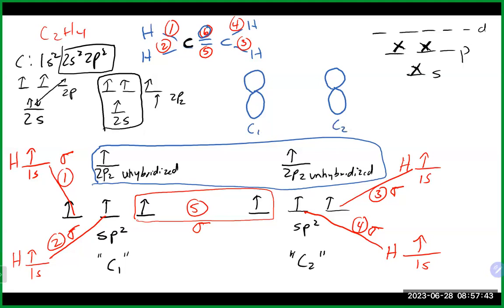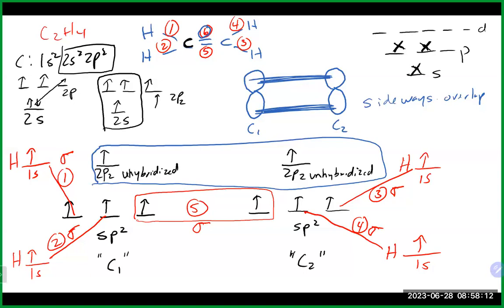Now, because these are unhybridized, they're not going to come at each other head on like the sigma bond. What happens when unhybridized p orbitals overlap is what is referred to as above and below, or sideways overlap. They overlap at those lobes above and below the plane of the bond.